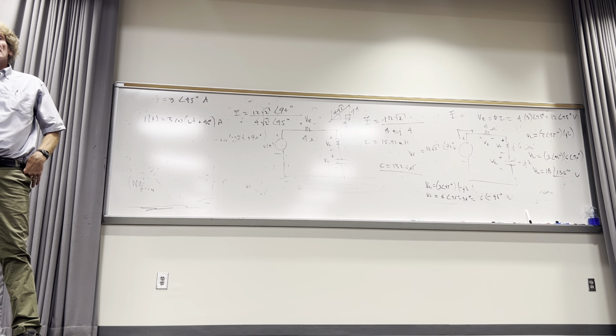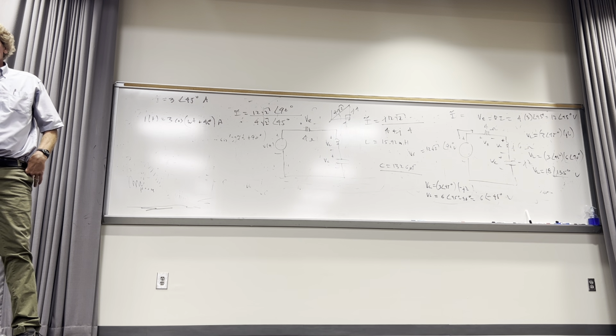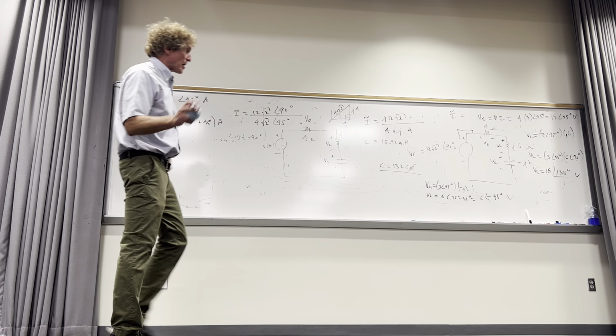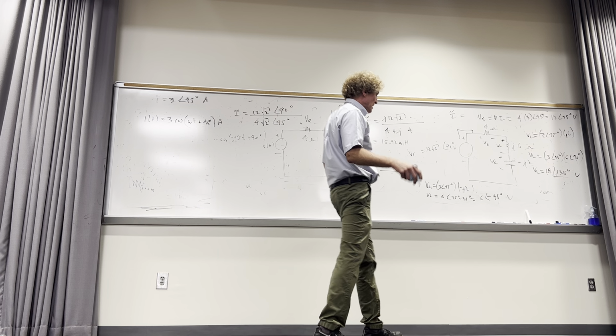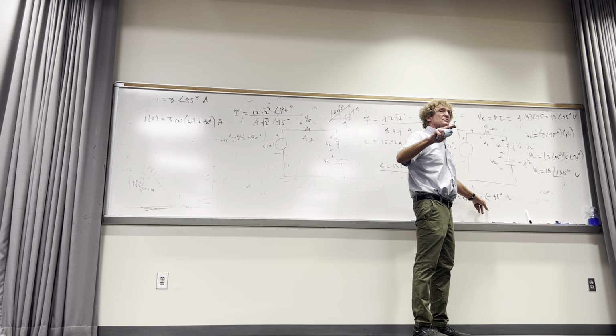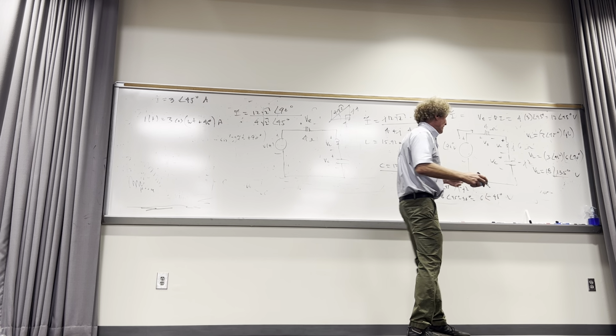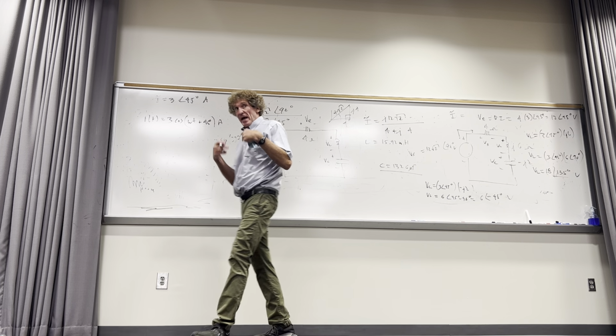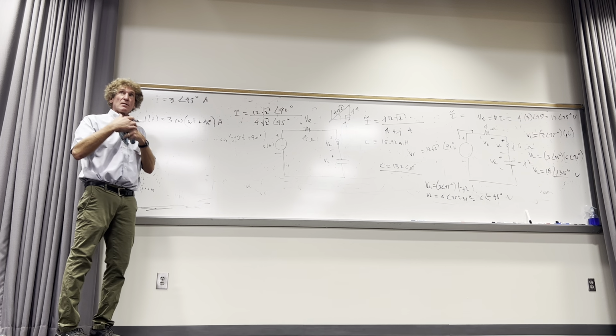Yes, sir. Could you also do negative 6 at the angle of 135? Would that be the same answer? Hold on. Which one? Like here? Yes, since it's negative j. Let me answer this question. Please listen. I'm answering it in a way that I think is going to be more complete.